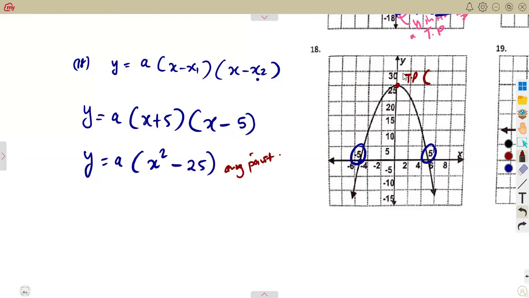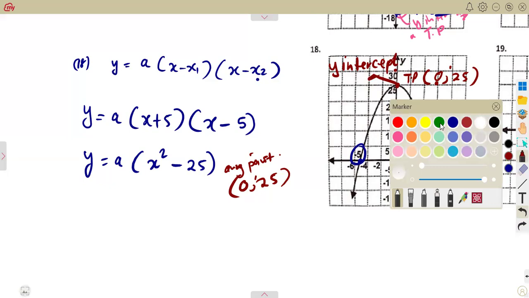But what we do know is that it's along the y-axis where x is equal to 0, and y there is 25. So we're going to use 0, 25. You can call this the y-intercept or the turning point. It's one and the same thing.